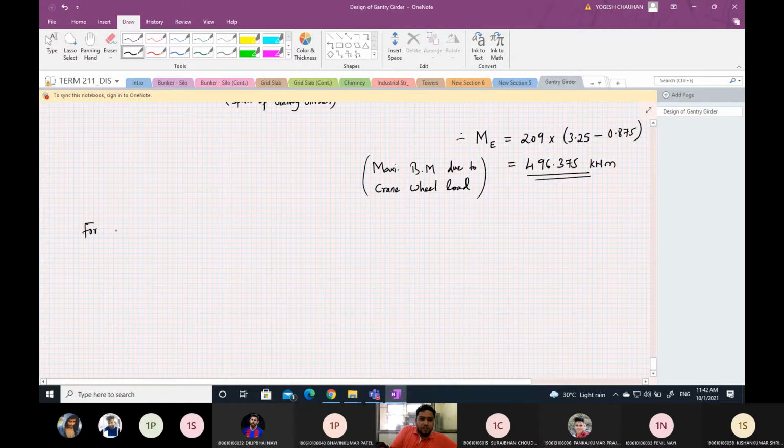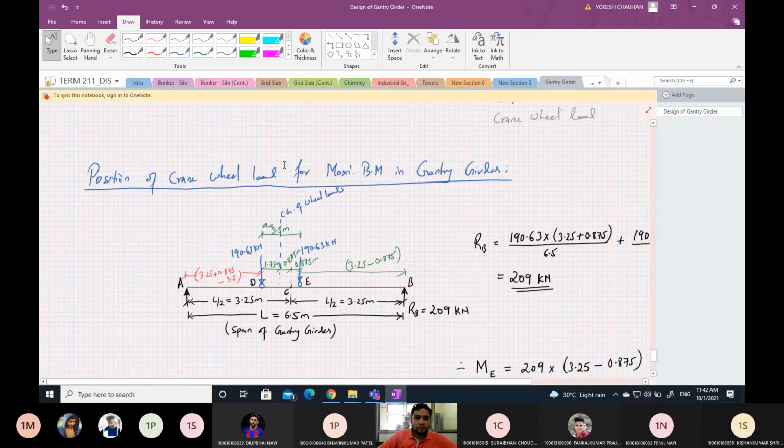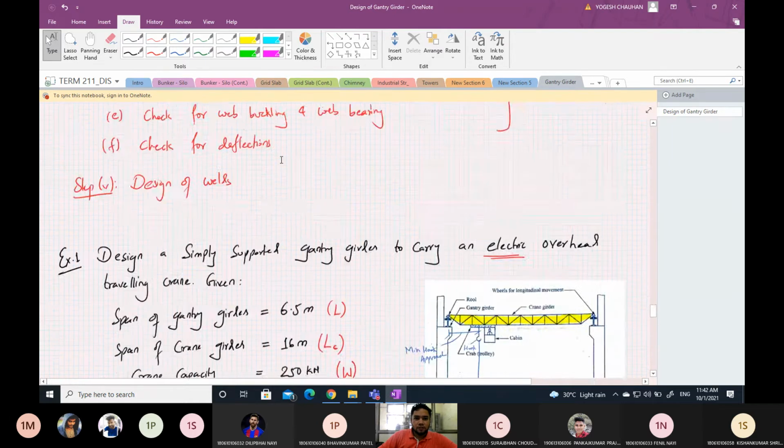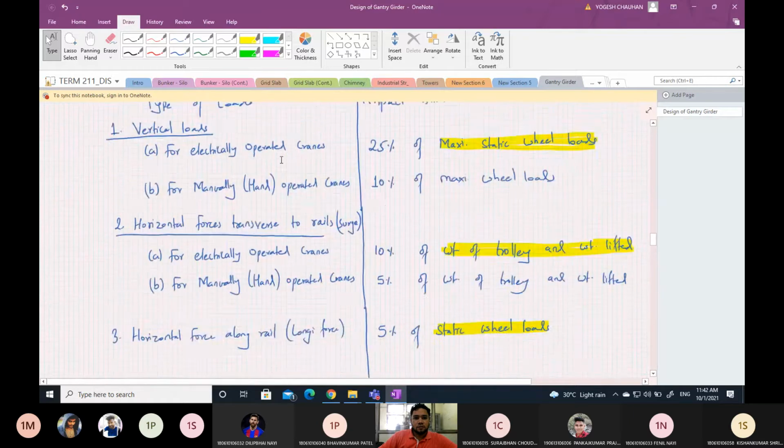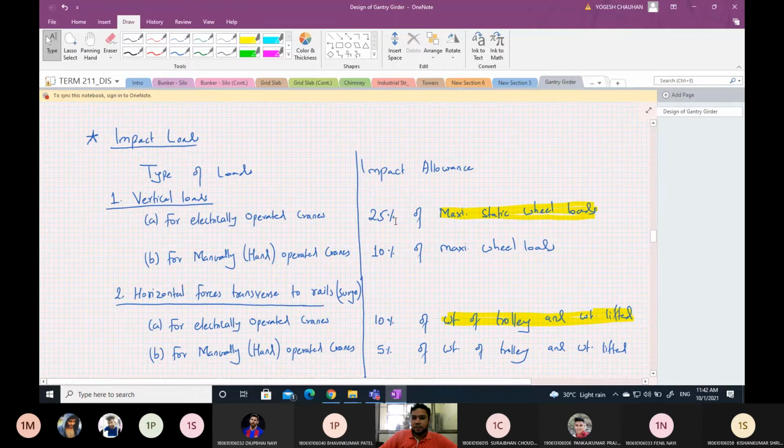Here the crane is electrically operated. For electrically operated cranes, the impact factor is 25% of the maximum static wheel load.